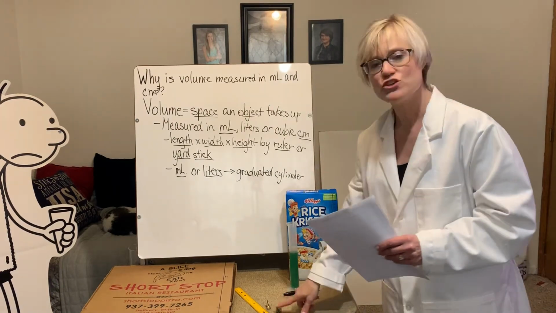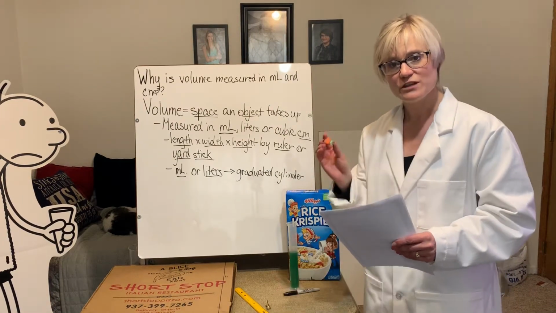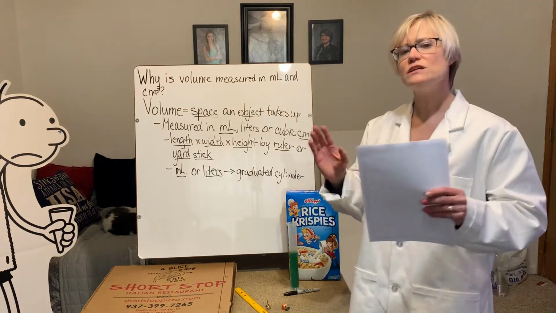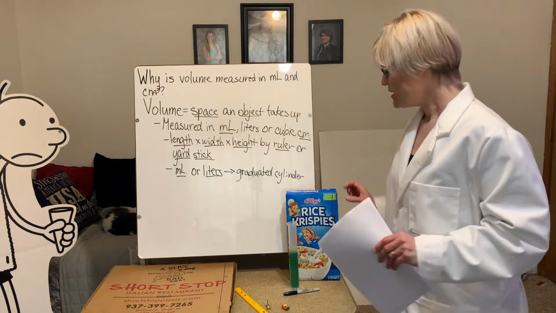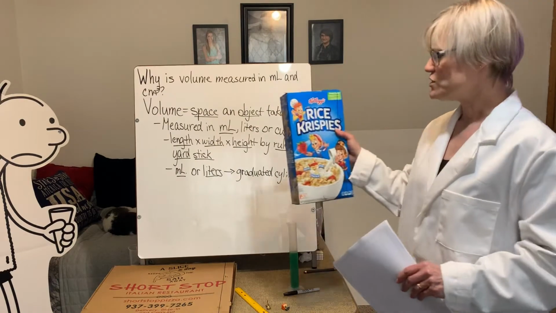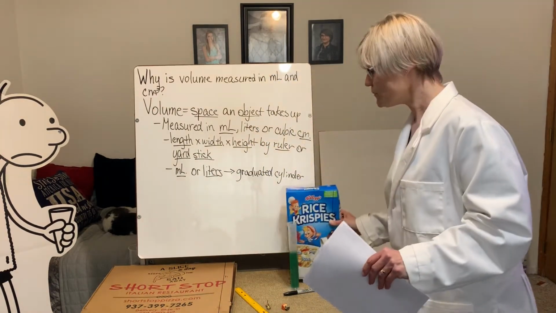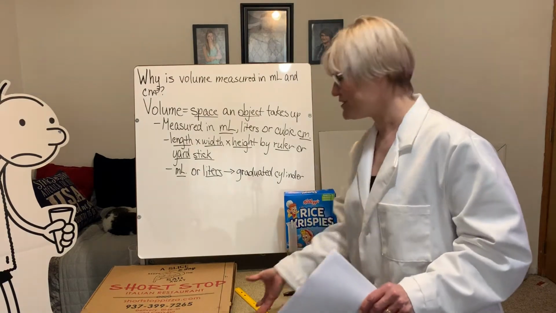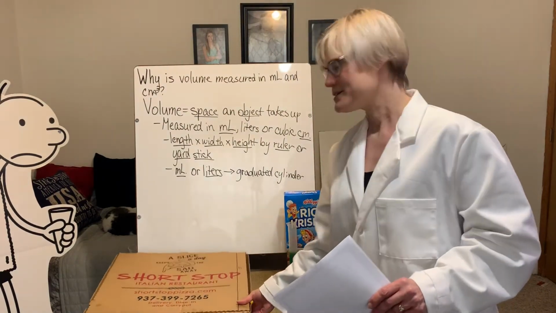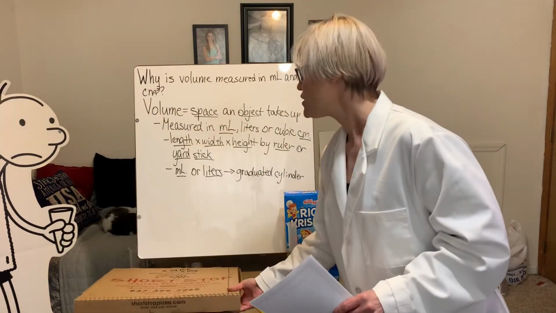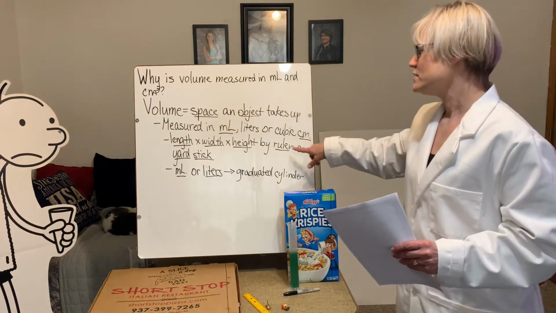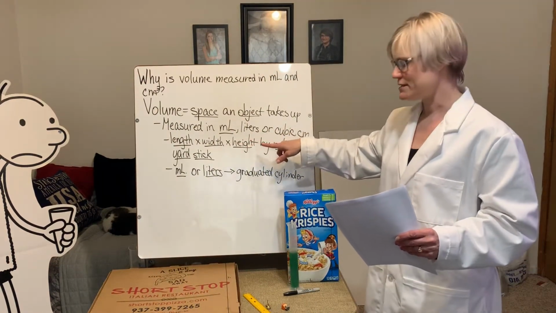If something is irregularly shaped, like one of these objects, we have a totally different way of measuring it. A regularly shaped object would be like a rectangular prism, like a cereal box, or like my favorite, a pizza box. Those could be measured length times width times height.